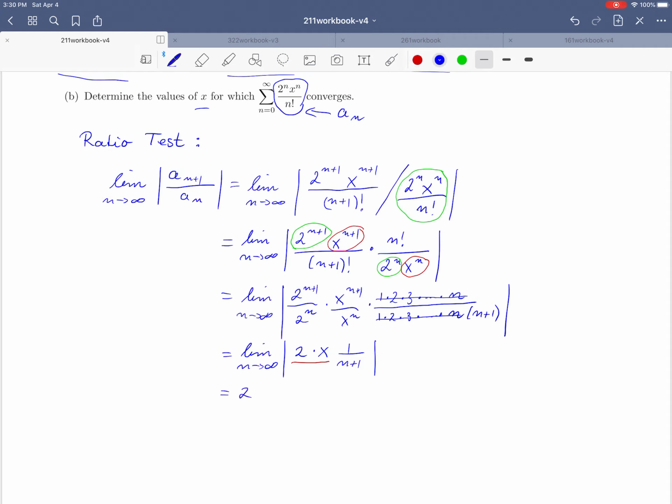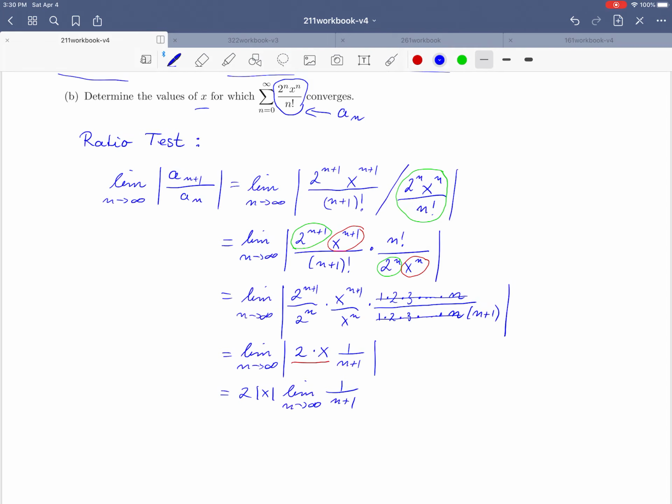So this becomes 2 times the absolute value of x, I have to keep that, times the limit as n goes to infinity of 1 over n plus 1. I can drop the absolute value because n starts at 0 and goes off to infinity, so 1 over n plus 1 will always be positive anyway.